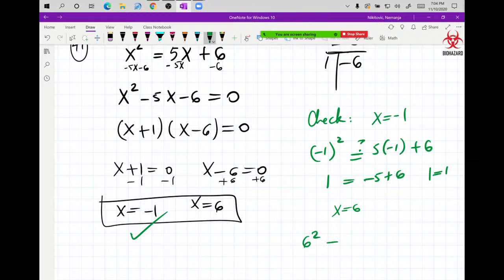That's 6 squared should be equal, and that's why I put this question mark on top of the equal sign, to 5 times 6 plus 6. 6 squared is 36. On the other side, 5 times 6 is 30 plus 6. 36 equals 36. The second problem is good.